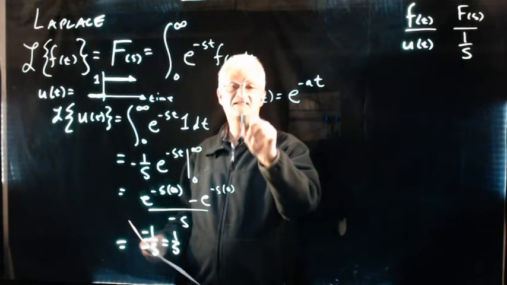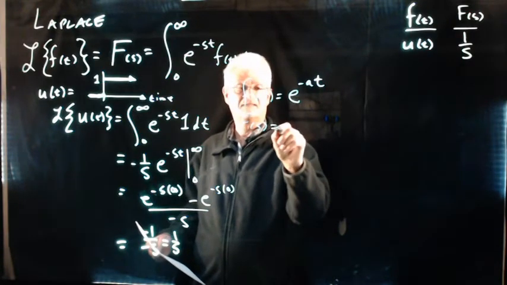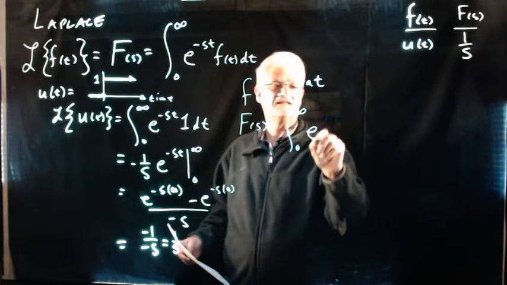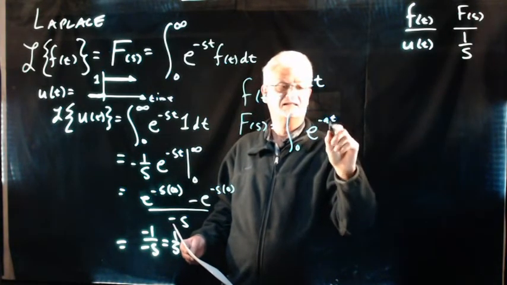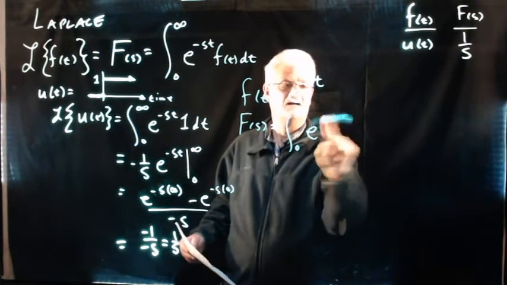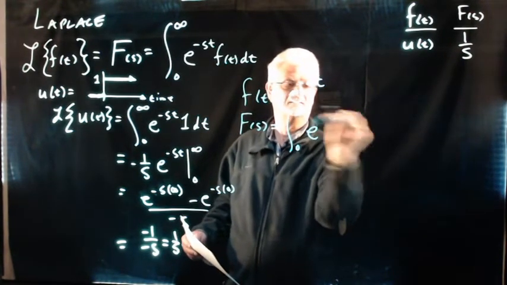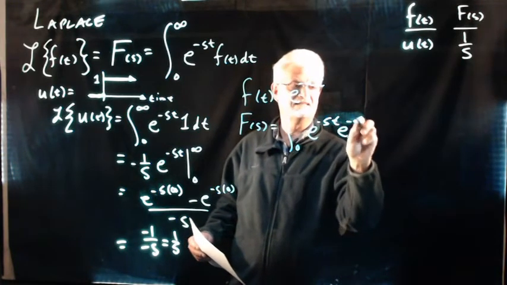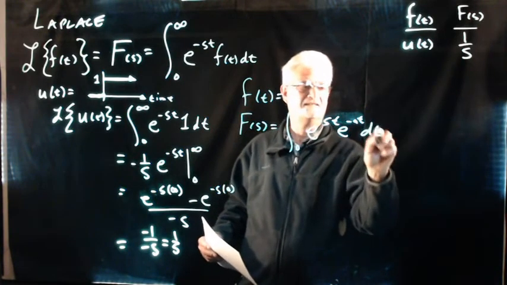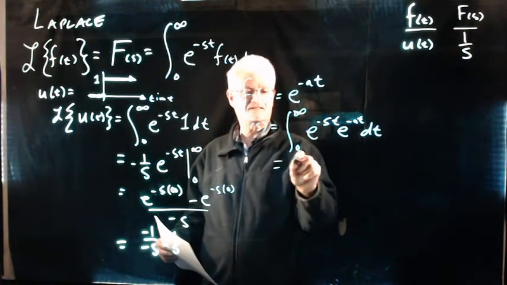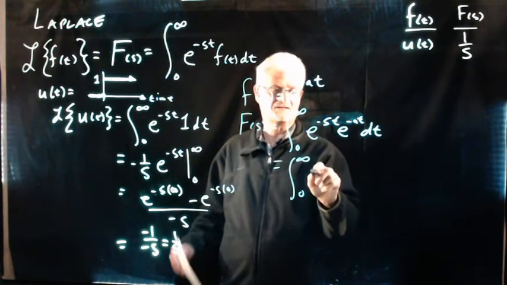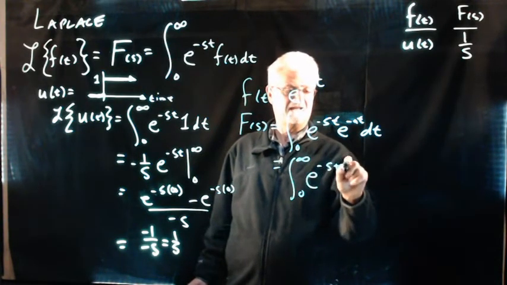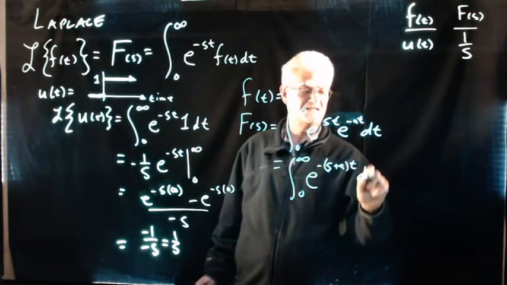And so then what we can say is that f of s is equal to the integral from 0 to infinity of e to the minus st, e to the minus at dt. And so we can just combine those exponents here. This is going to be e to the minus s plus a t dt.